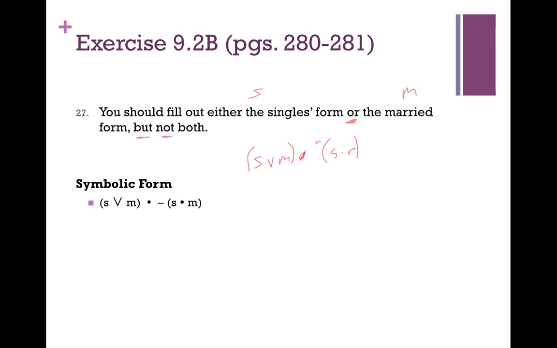The atomic propositions here would be you should fill out a singles form, you should fill out a married form. Saying both, you're saying singles and married. That's what you're saying. So that's an M right there, by the way. That's why you reuse the symbols here, S and M. You reuse them because they already are capturing the atomic propositions that are needed.